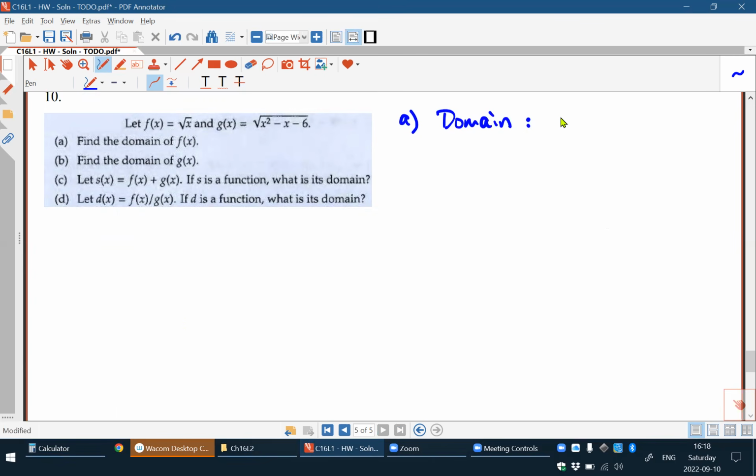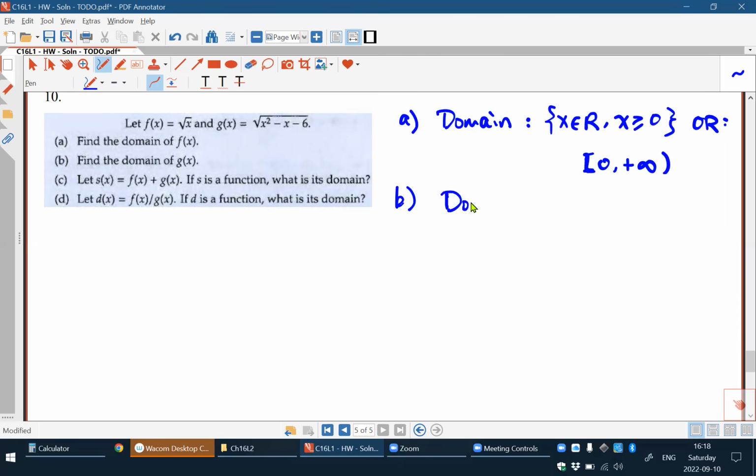Apparently, no negatives. x belongs to the real number set and x is greater than or equal to 0, right? Or sometimes you can write it like this, which is quicker: from 0 to positive infinity, where 0 is inclusive.